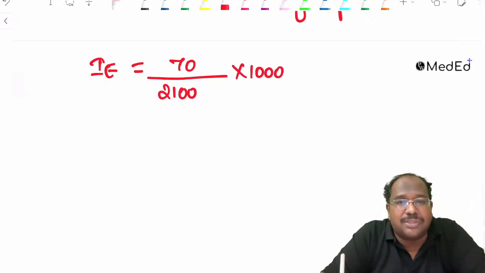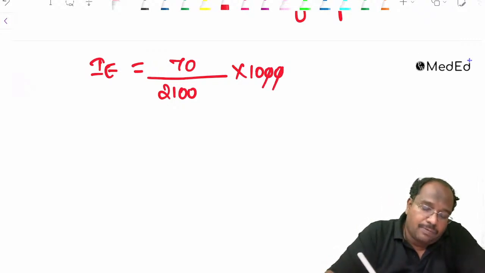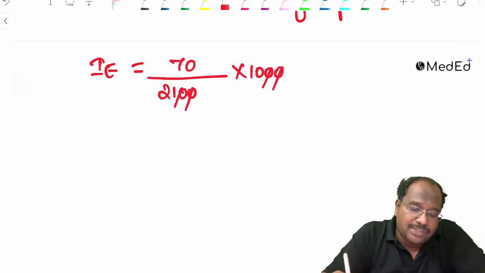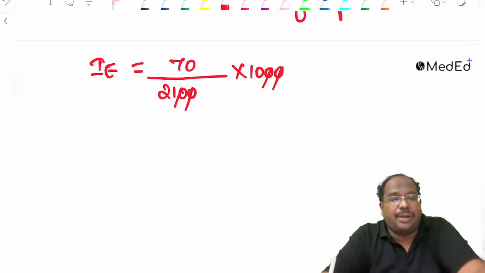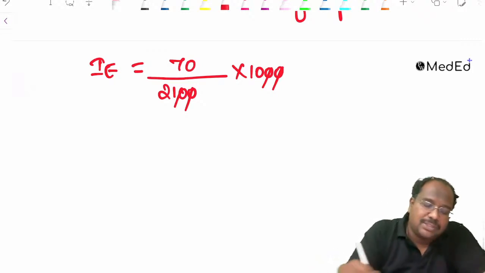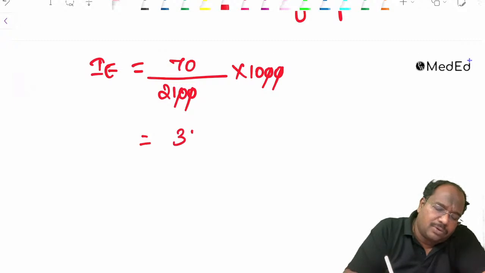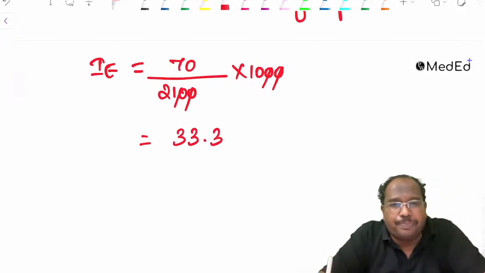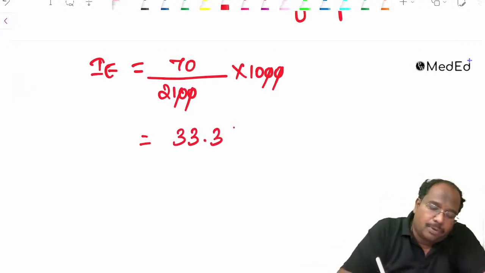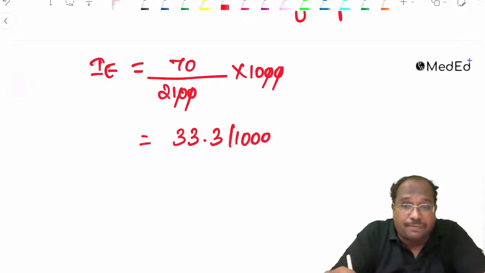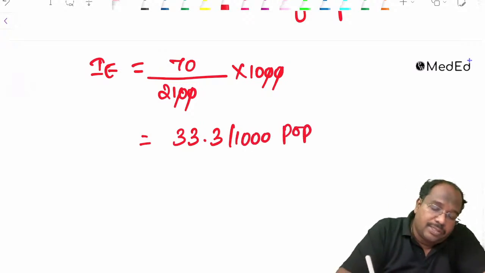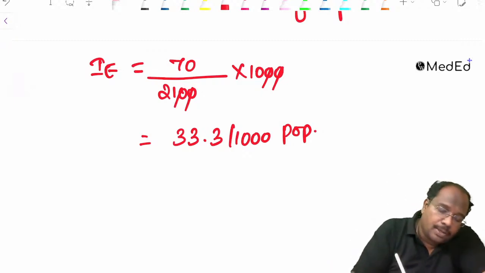Usually we express incidence per 1,000. Roughly 700 by 21 comes to around 33.3 per 1,000 population. This is the incidence among exposed.